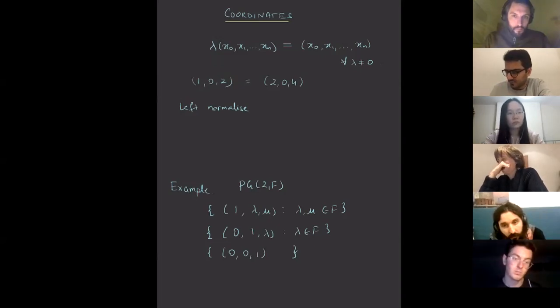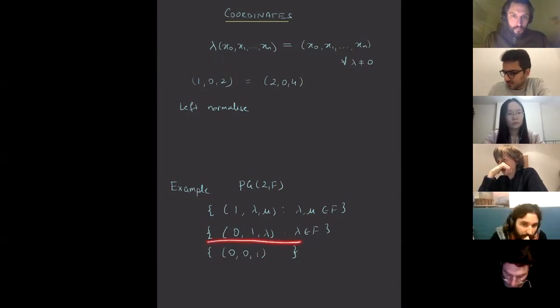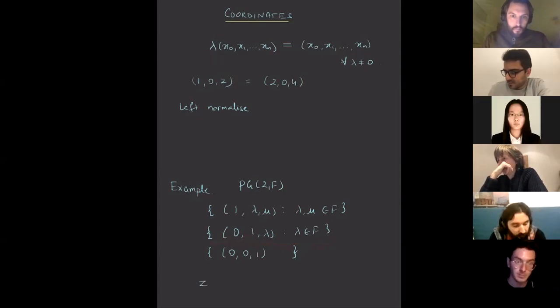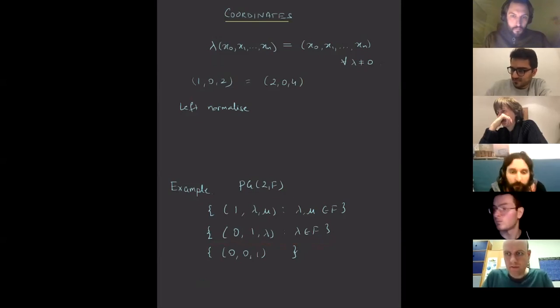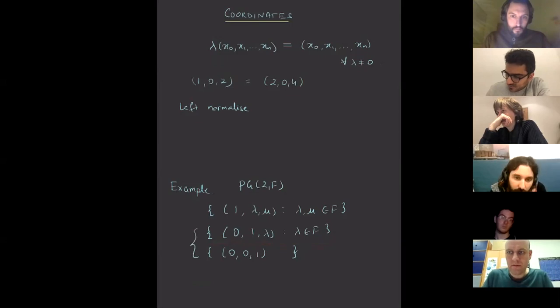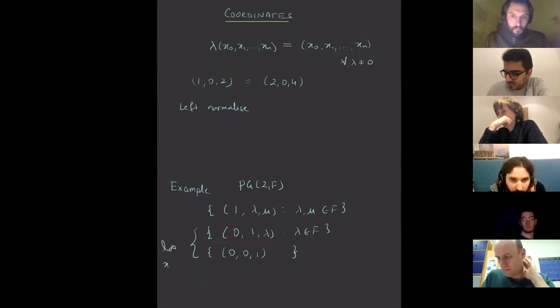You can think of, just to recall so that you get comfortable with this, these points as follows. This could be seen as L infinity, which is defined by the equation x equal to 0.